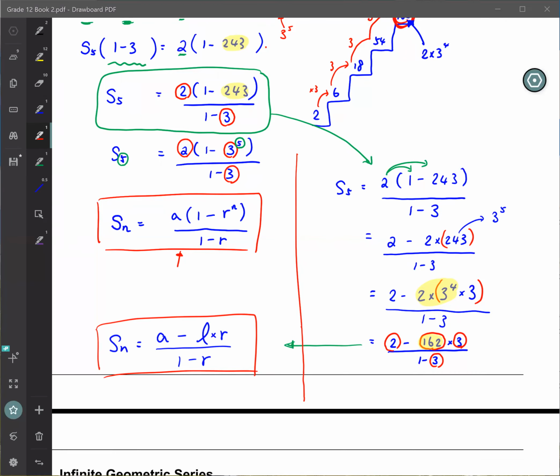You can raise your hand when you finish copying. So that's how they figure out the two formulas.